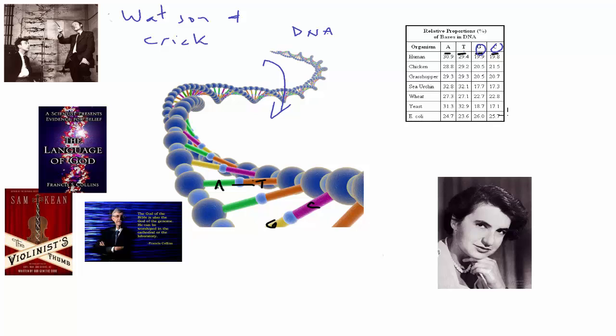Regardless of what living thing we have on this planet, always G equals C and A equals T. So if that is the case, maybe, just maybe, the structure would point to the fact that A must be attached, like in this diagram, you see A bonded to T, G bonded to C. And that is, of course, what turned out to be the case.